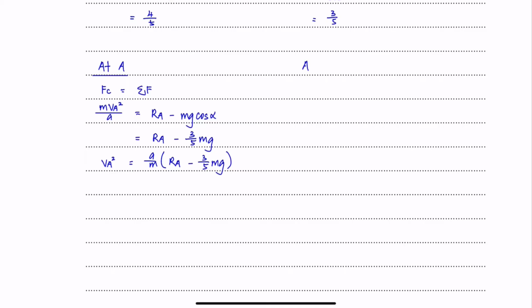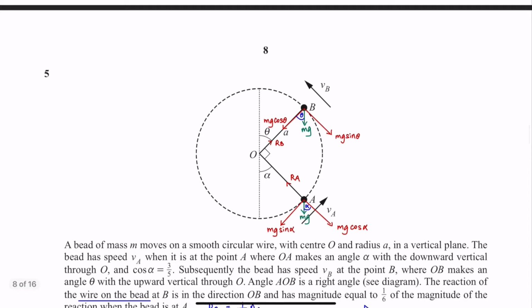At B, we have the centripetal force equal to the resultant force as well. So we have mVb squared over a equals mg cos theta minus Rb, because the centripetal force is always in this direction.